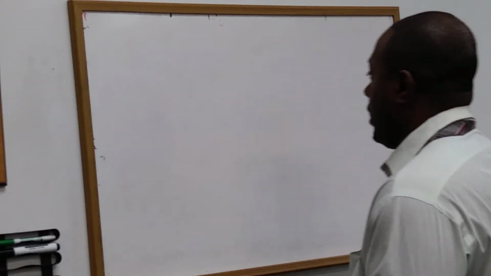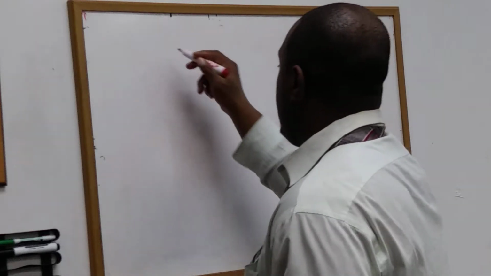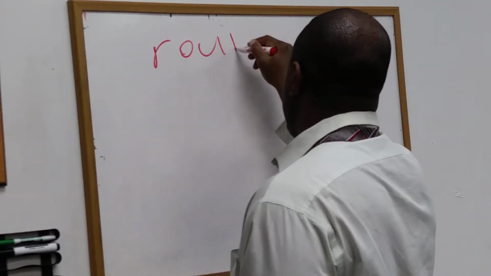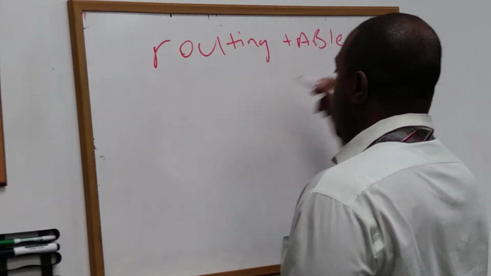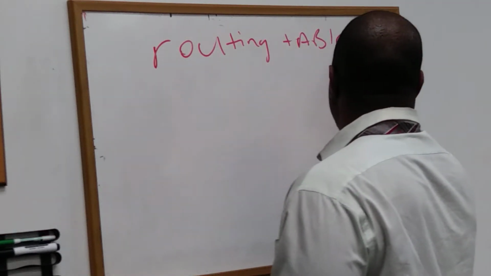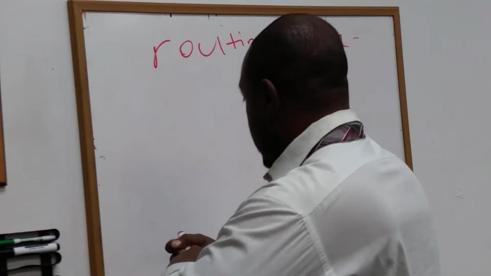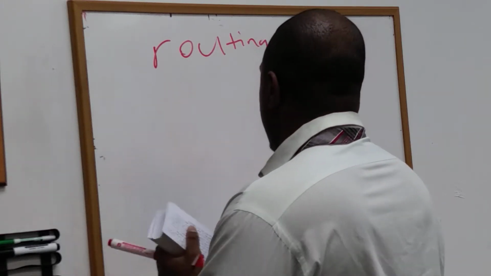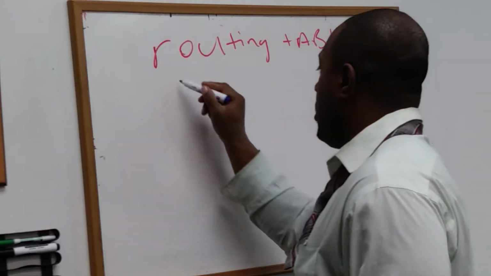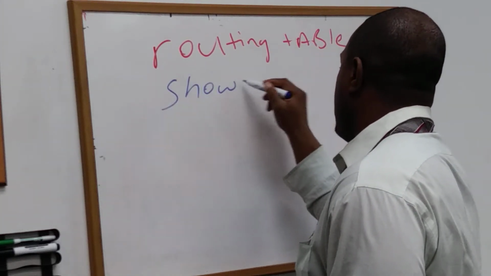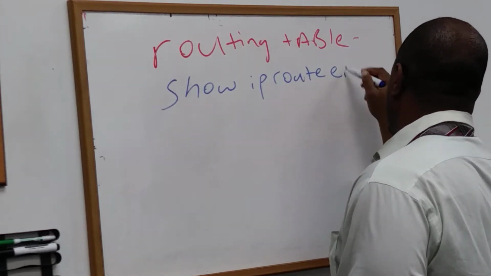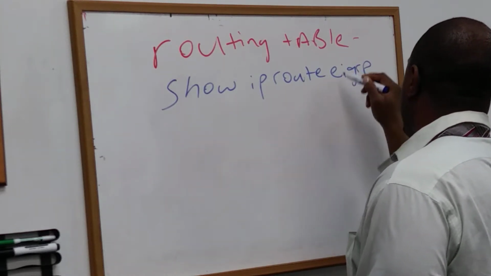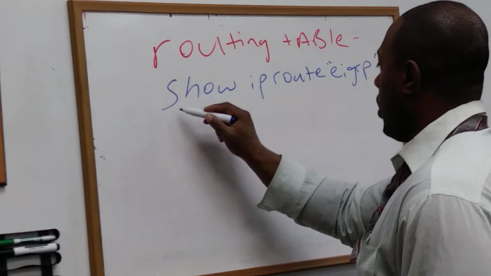The routing table is viewed by typing in show ip route eigrp. This is a keyword that you can plug in, but you can also just type in show ip route.